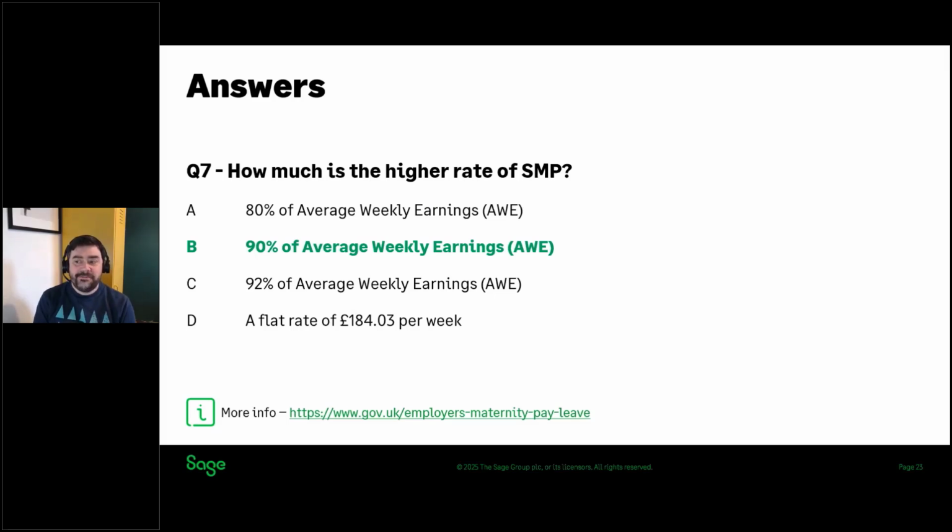It was 90% of average weekly earnings. So that higher rate is paid to the employee for the first 6 weeks of their paid maternity leave, first 6 weeks of SMP. It then goes down to the standard rate, which is that flat rate of £184.03 per week, or 90% of average weekly earnings if lower.